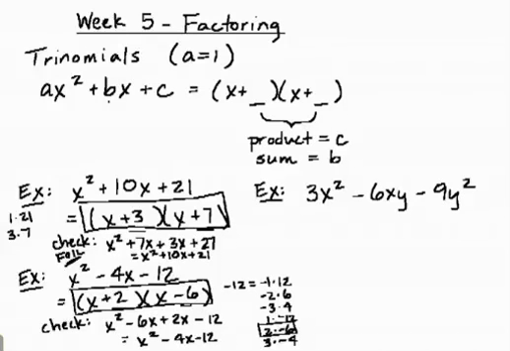And then finally, in the third example, it looks a little different because there's a number in front of x squared. But the first thing we always check is to see if there is a GCF we can factor out.